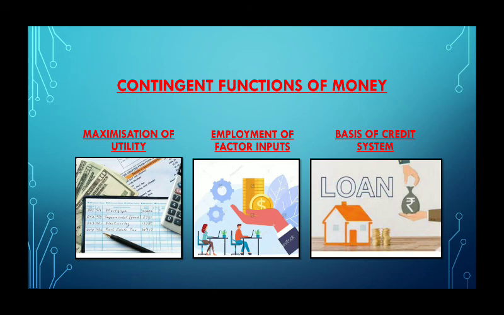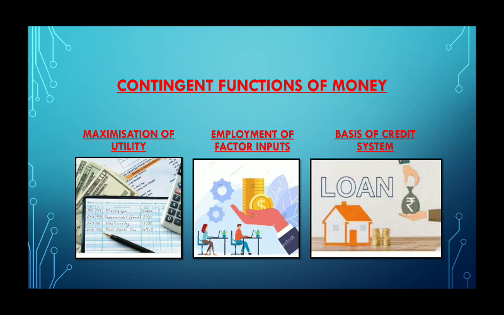One more was given over there, distribution of national income. That is not that important, but I can explain it to you. The use of money helps us to distribute the national income among various factors of production. Production is an outcome of different combinations and collective efforts of different factors of production, and the contribution of these factors of production in the production of goods is rewarded not in terms of goods but in terms of money.